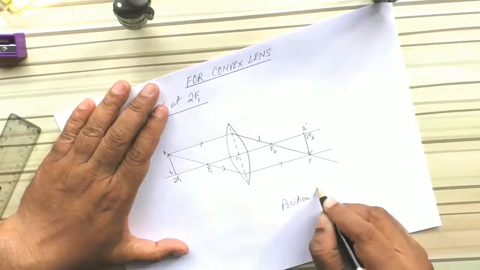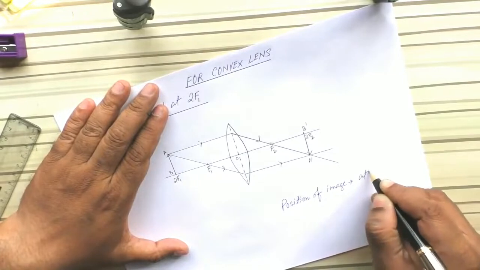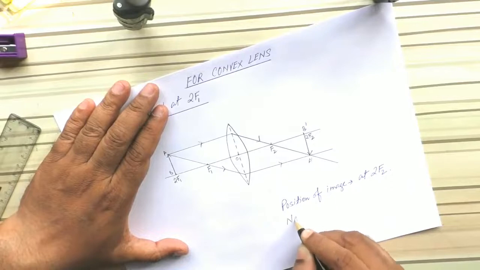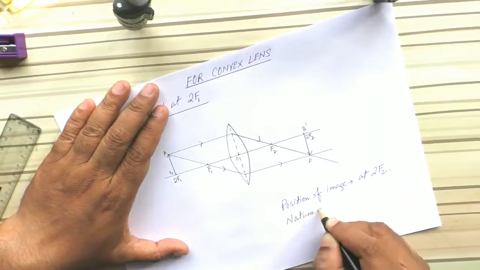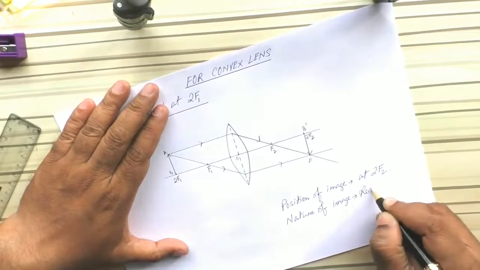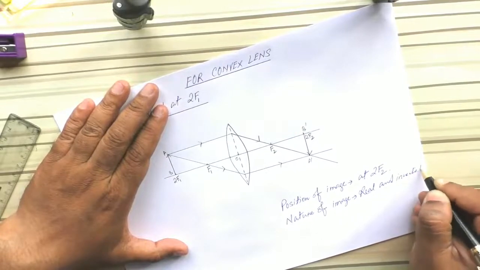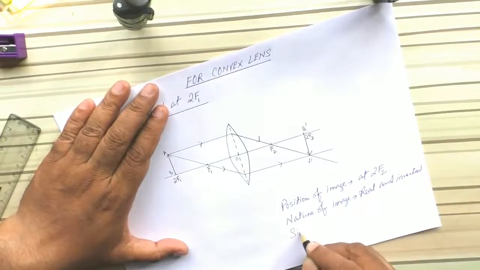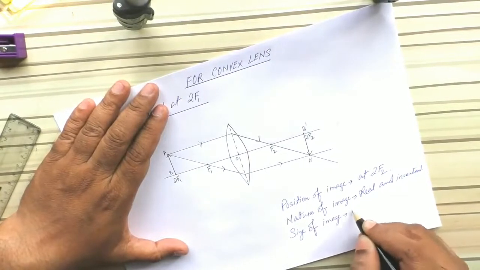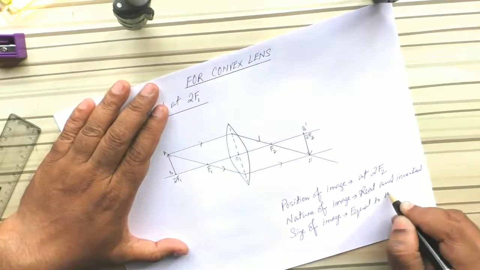And in this diagram you can see the position of image. If it is asked, it is at center of curvature 2f2. Nature of image is real and inverted. Now about the size of image, it is equal to the size of object.